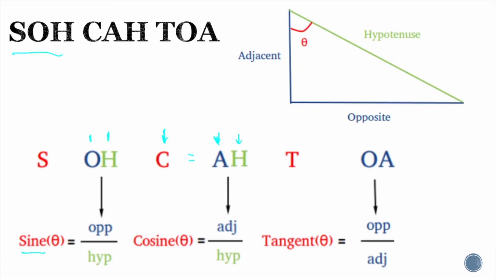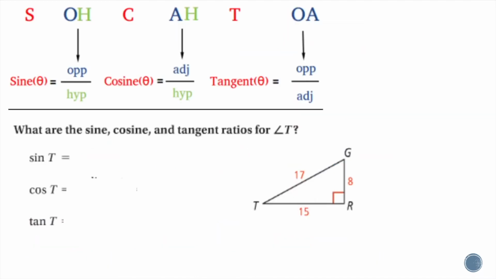And lastly, TOA is for the tangent, which is equal to the opposite side divided by the adjacent side. So SOHCAHTOA, the sooner you can memorize this, the better. It's going to help you calculate different trig functions quickly for ratios.